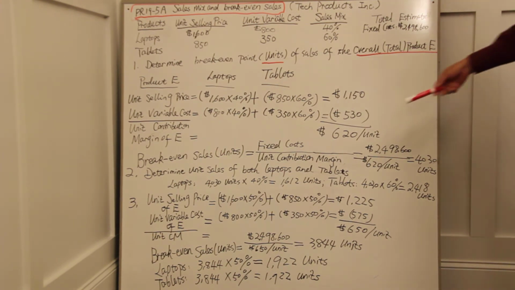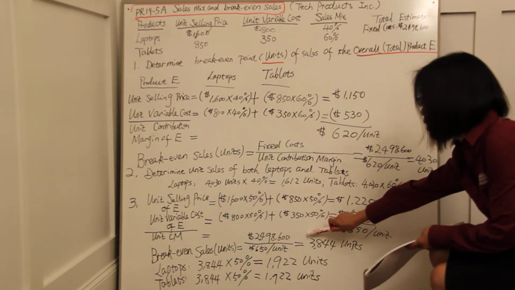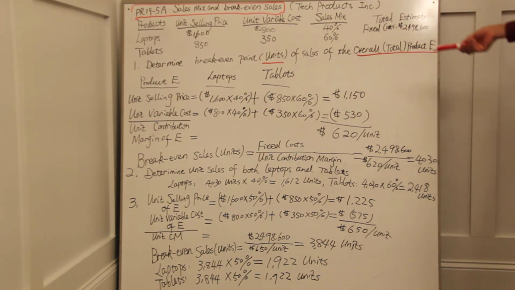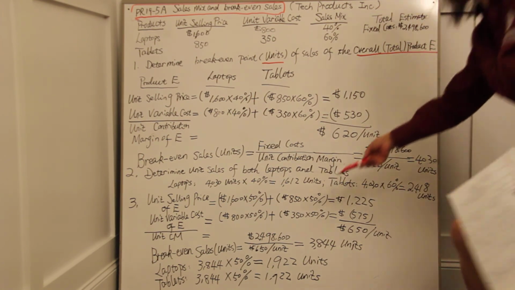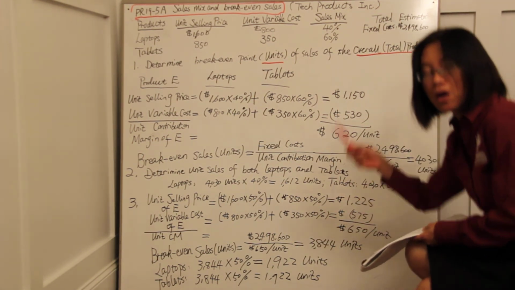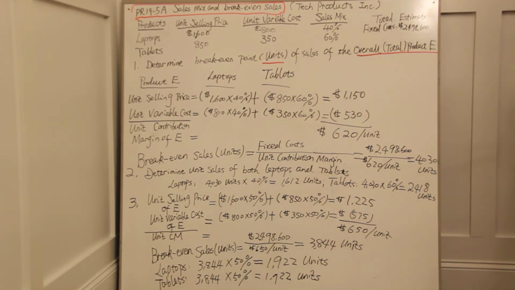We still use this formula, plug in the fixed cost given to you, $2,498,600, over the unit contribution margin we just determined, $650 per unit. It gives us 3,844 units.